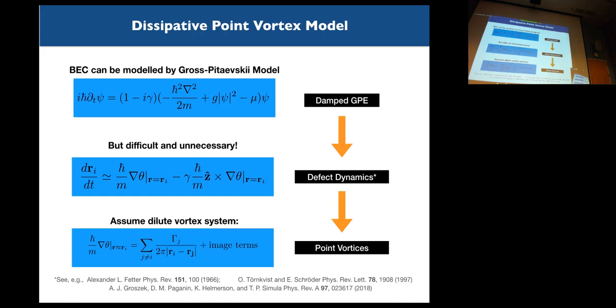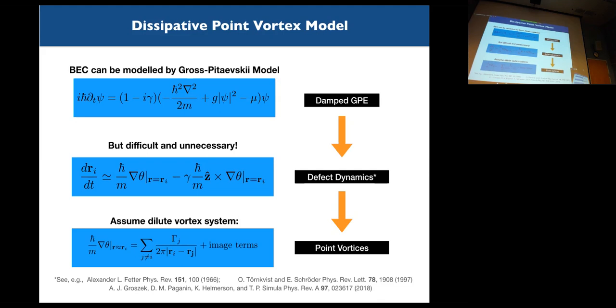The kind of system I've got in mind is some large uniform atomic BEC or some similar system, which you could model with something like a Gross-Pitaevskii equation. But it turns out that for the system sizes you need, that's both difficult and kind of unnecessary, because you can move into a picture where you just look at the dynamics of the defects, or the vortices.